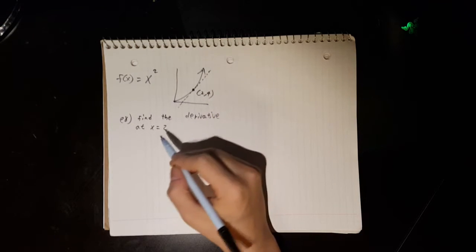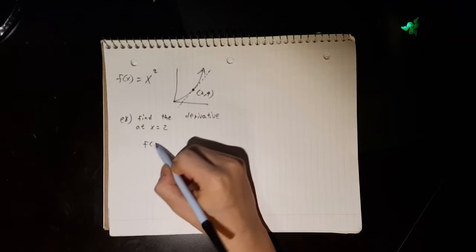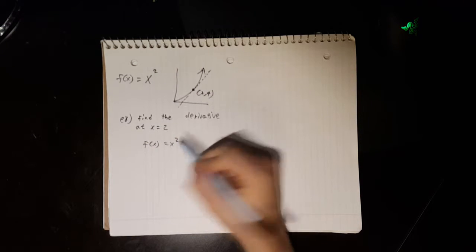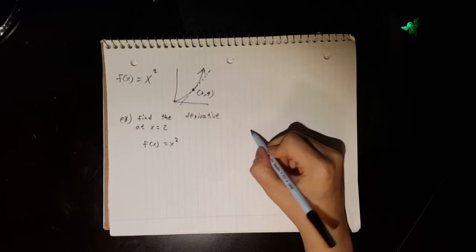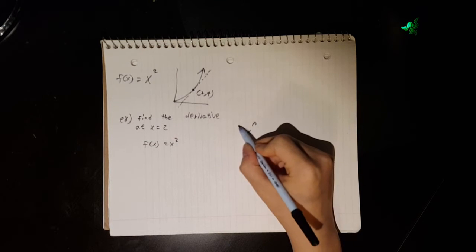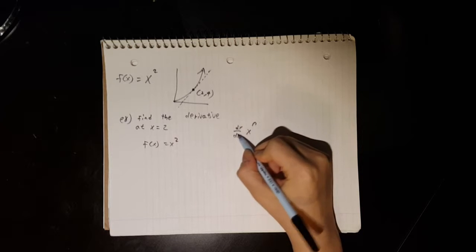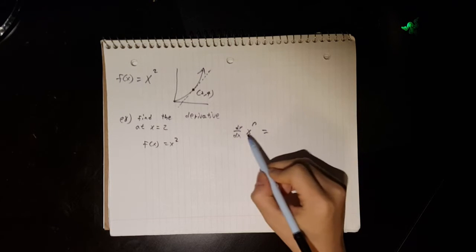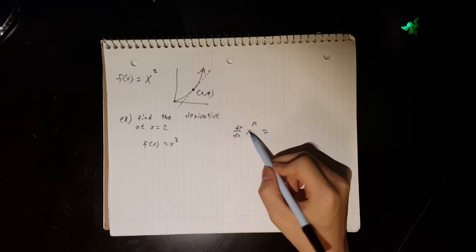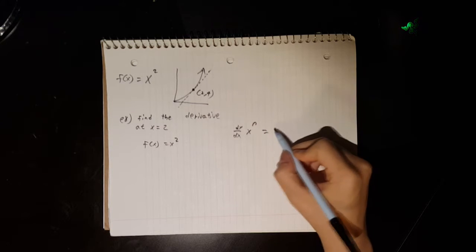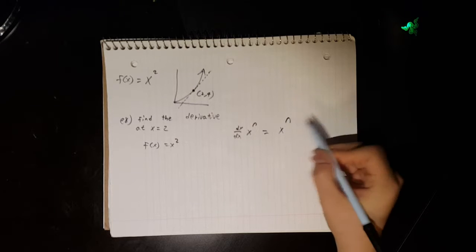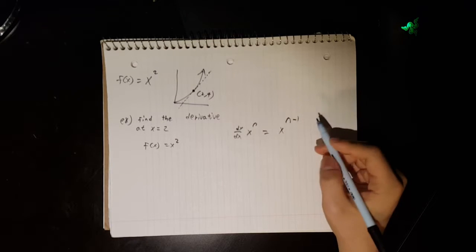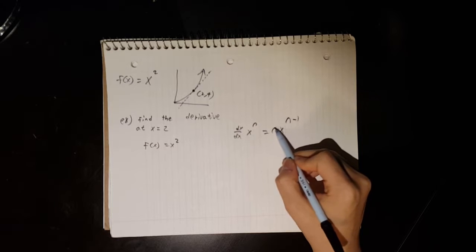For this power rule, I'm going to rewrite the function right here. If you want to take the derivative of this function, you simply subtract 1 from the exponent, and then multiply by the original exponent.